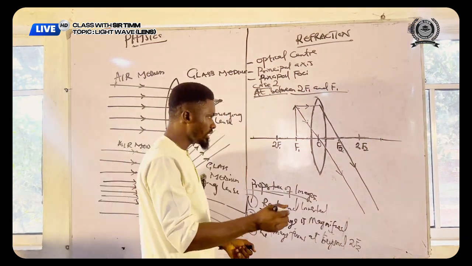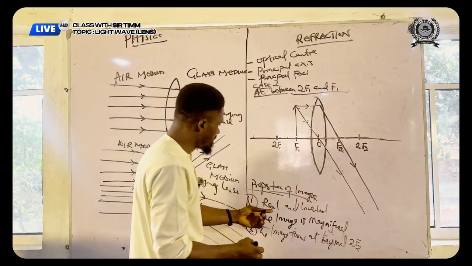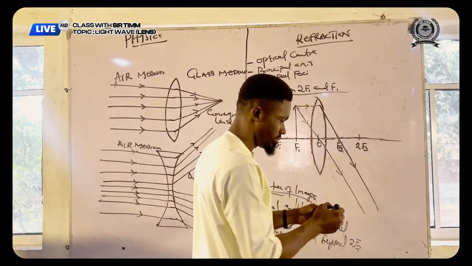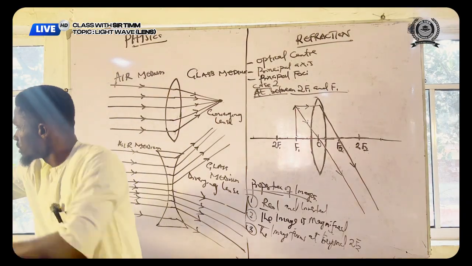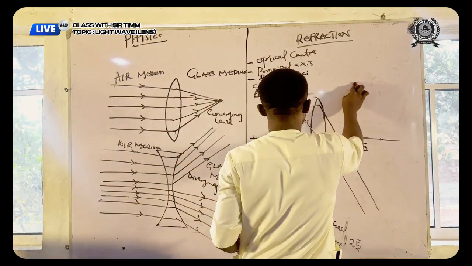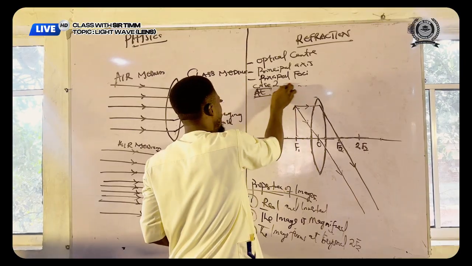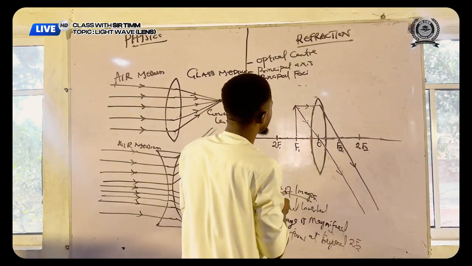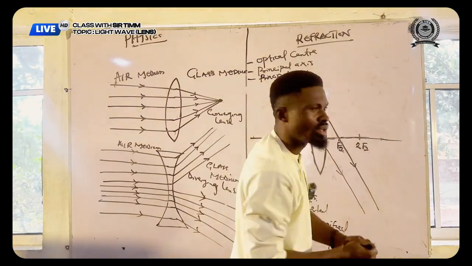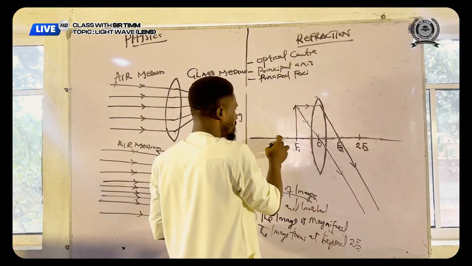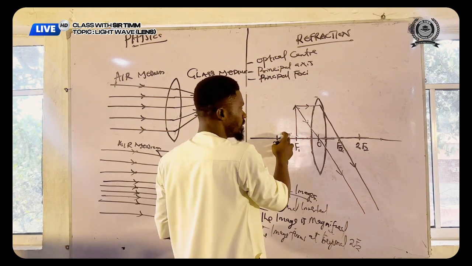Now look at the board. We're looking at f1 now. True or false? So this is at f1 proper. At f1. Guess what? We have done beyond 2f2, we have done at 2f2, we have done between this and this.